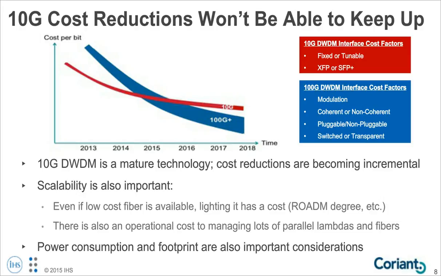You can have lots of parallel fibers and parallel lambdas, but that becomes operationally expensive to manage. And then the third issue is power consumption and footprint. In terms of getting more bits per second per rack unit and more bits per second per watt, we're getting close to the limitations of where we can go with 10 gig, especially as we've moved now to SFP plus. So those are the problems that we're looking for 100 gig to solve for us.